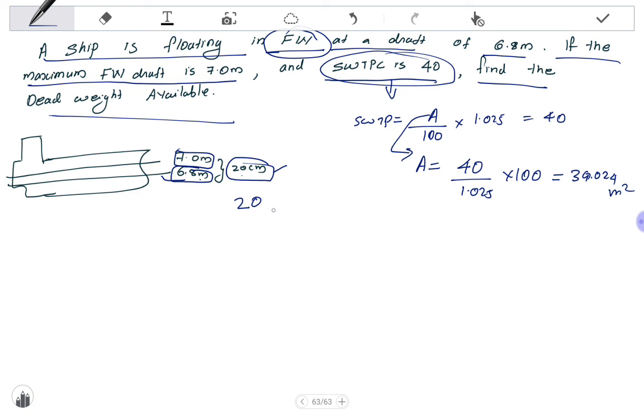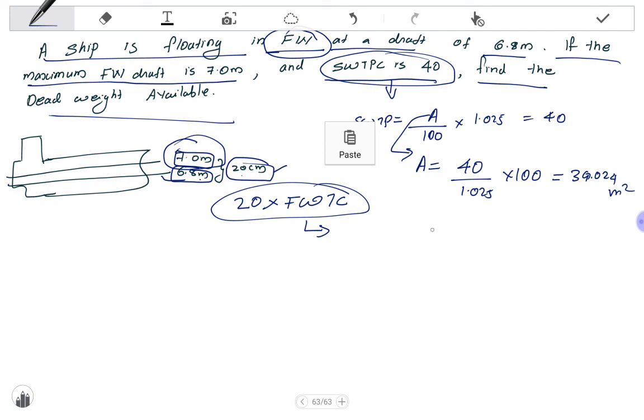That is 20 centimeters multiplied by freshwater TPC. Then we will get the quantity to be loaded for the vessel to reach a draft of 7 meters. So we need to find the freshwater TPC, which is water plane area divided by 100 into freshwater density, which is 1.